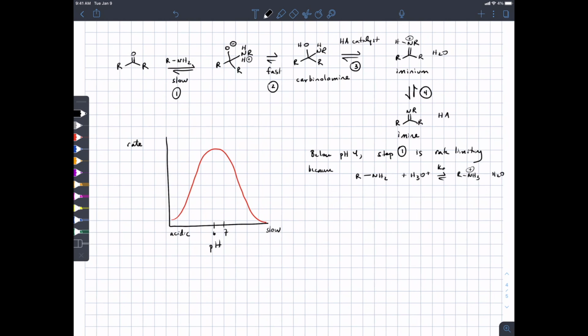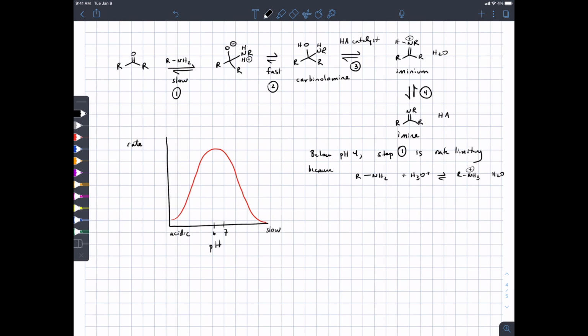And there's some Ka associated with that. I may have it backwards, but in any case, the pH will determine how much of the amine is present versus the ammonium. So if you get pH too low, you're not going to have enough amine present versus ammonium, and that's going to slow down this rate, which will depend on both the concentration of ketone and concentration of your amino group.